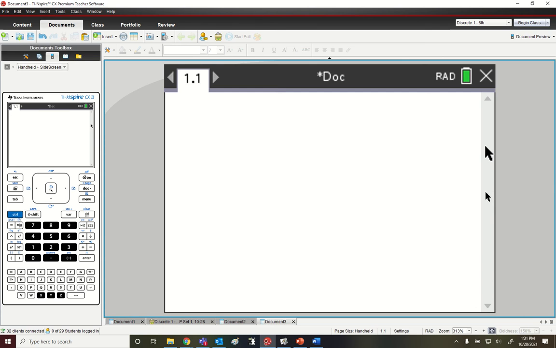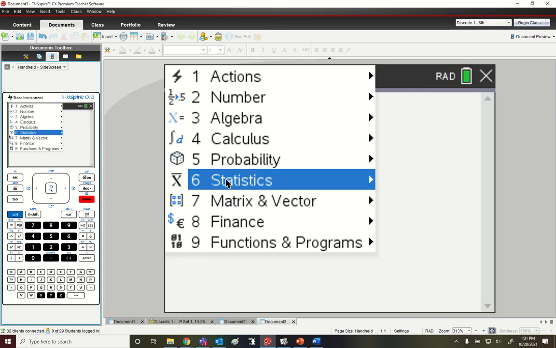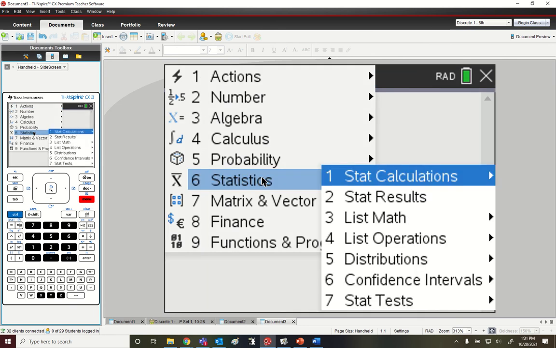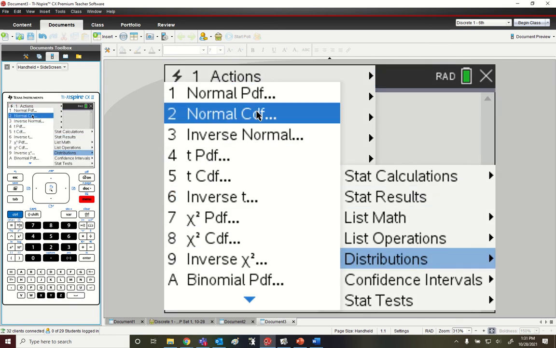So right here, the next step would be menu. You guys following through? Menu, statistics, distribution, normal CDF. That's where you go. So everyone get to that point.